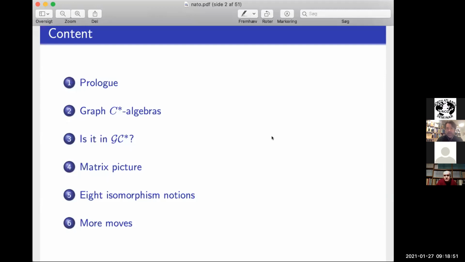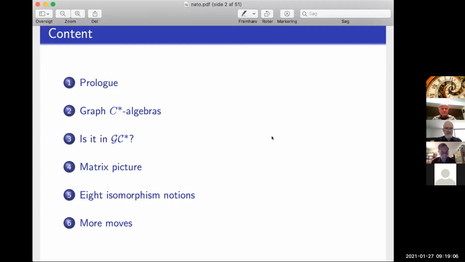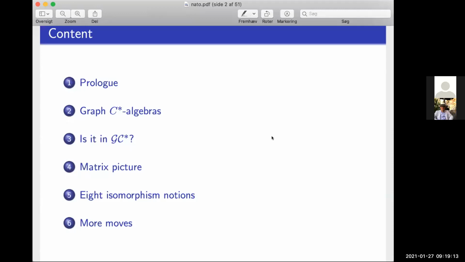And then at the end, supposing I have time, I would like to put this into a bigger framework, because you can actually ask for isomorphisms in many different ways. It's very natural for graph algebras because they come with canonical structure that you might want to preserve.